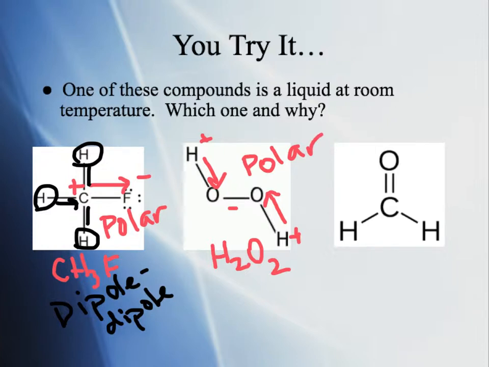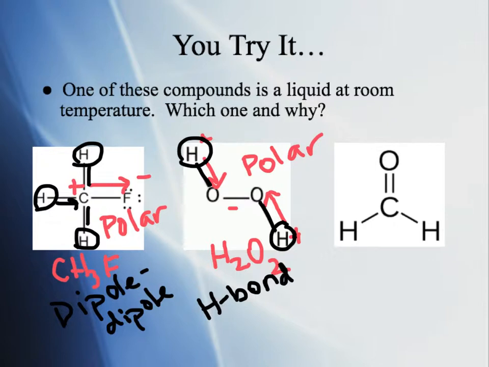Now we've got to figure out which intermolecular force applies in this polar molecule. Well, dipole-dipole, or the hydrogen bond that has to have a hydrogen directly connected to F, O, or N. In this case, both of these hydrogens are connected directly to an O. So this is what we call a hydrogen bond.